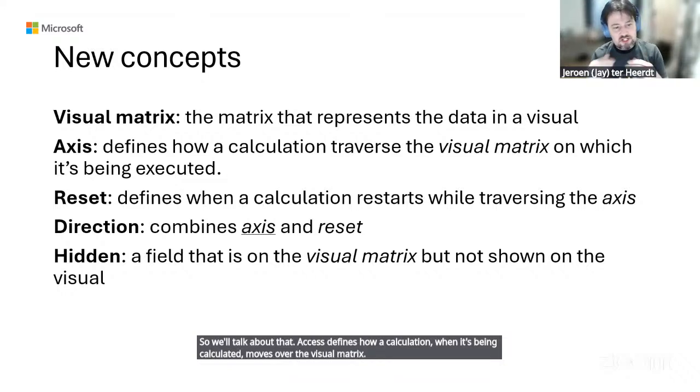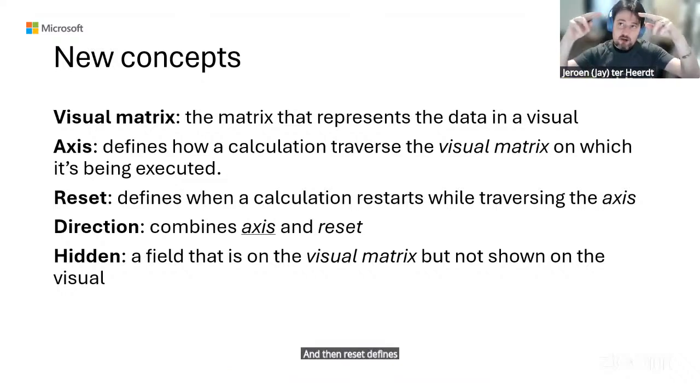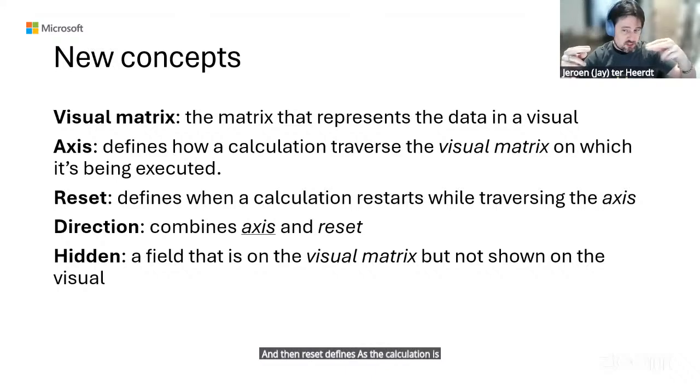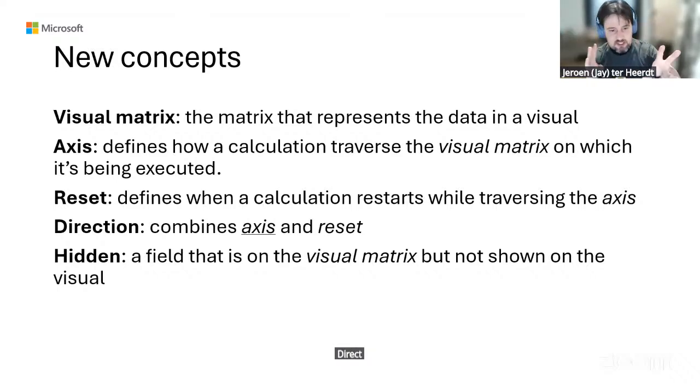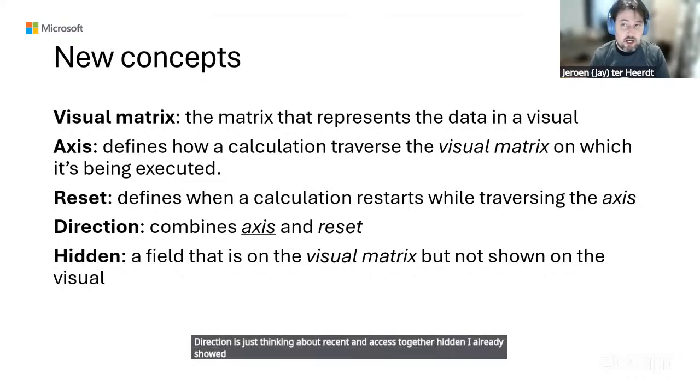And then reset defines, as the calculation is moving over this visual matrix, does the calculation restart at any point? That's what reset means. Direction is just thinking about reset and axis together. Hidden, I already showed you the ability to hide a field from the visual, but not from the visual matrix.